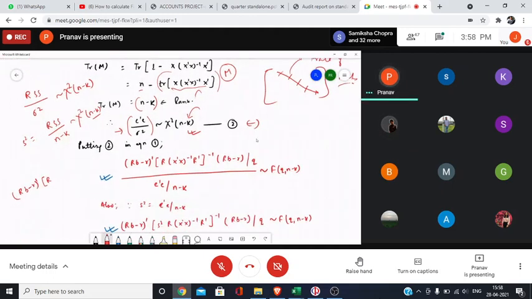ठीक है, अब जो हमने निकाला था that X transpose variance inverse, वो मेरा ये क्वांटिटी है.